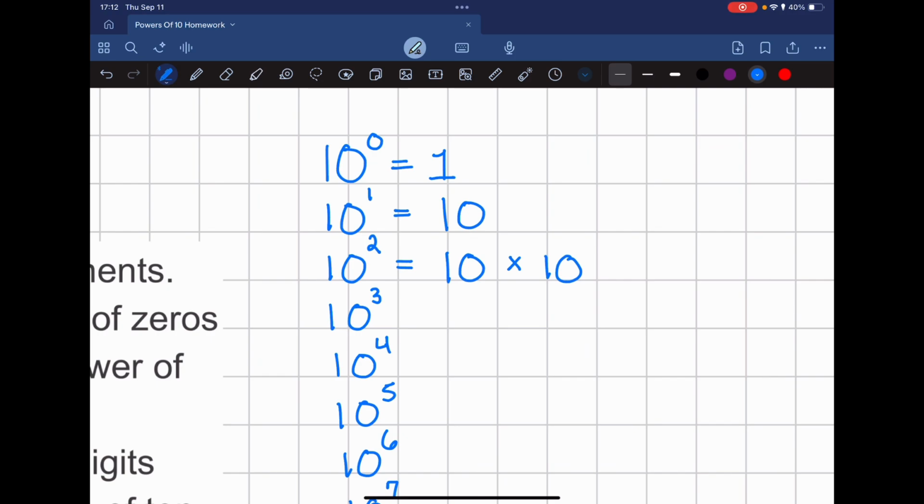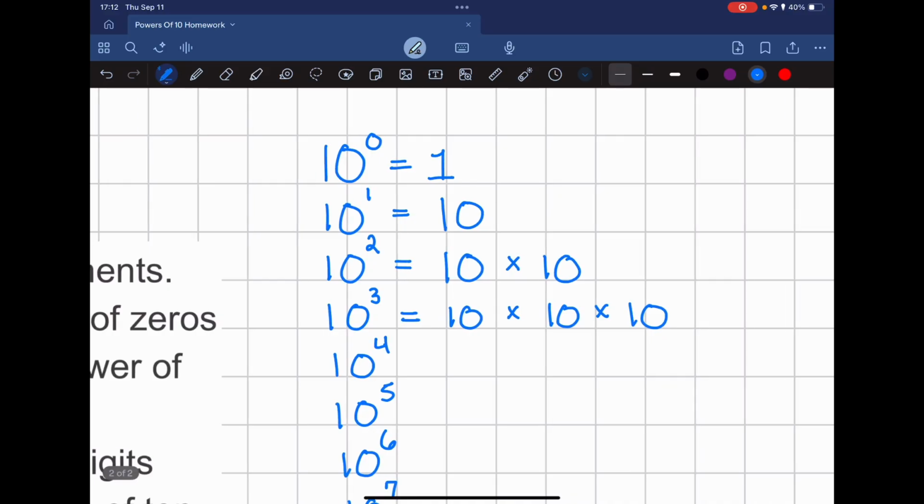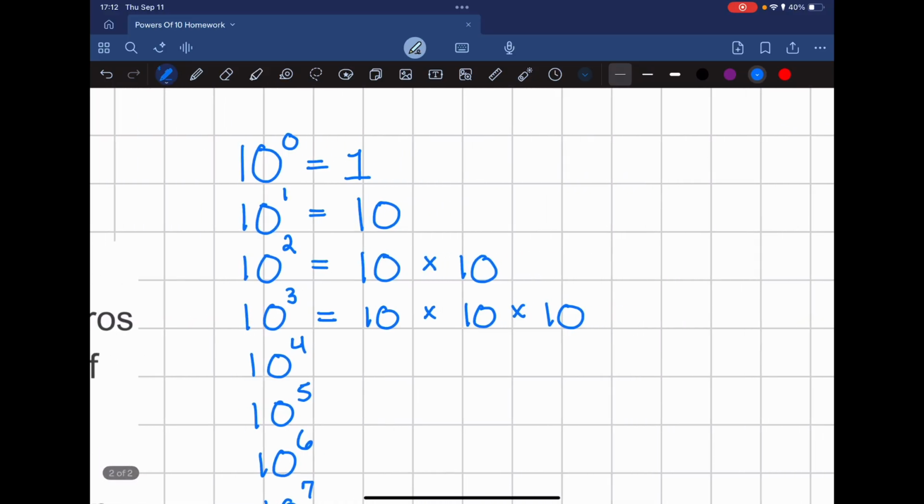For 10 to the third power, I have 10 times 10 times 10. And that is the pattern that should be recognized all the way down here. You should see it all the way down.